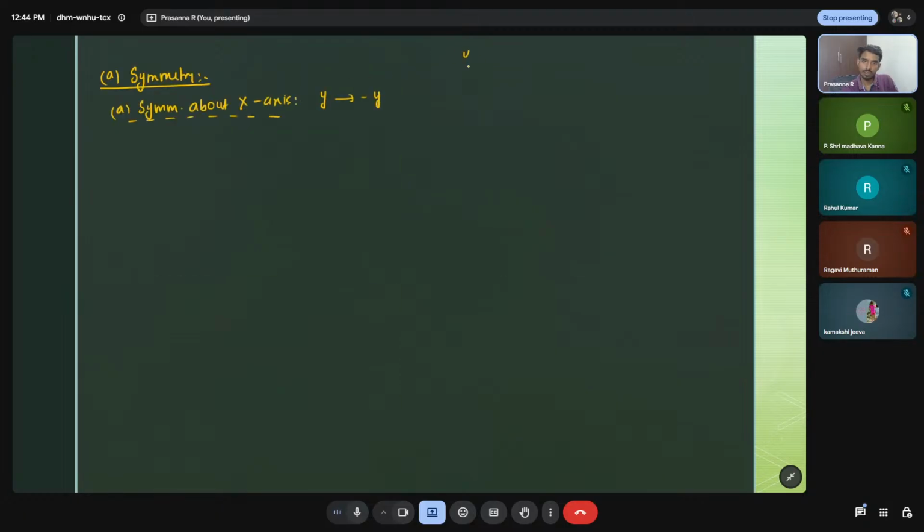What is our function? y square x square is equal to x square minus a square. If you replace y by minus y, the curve remains the same, and also it is symmetrical about y-axis also.